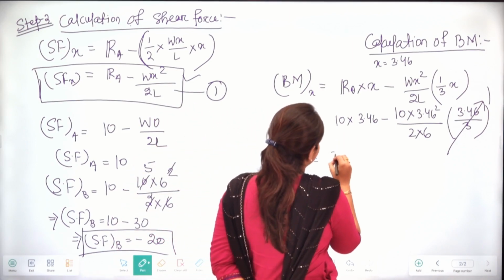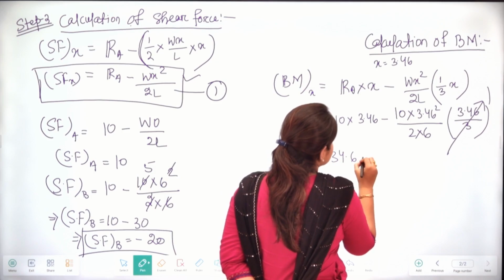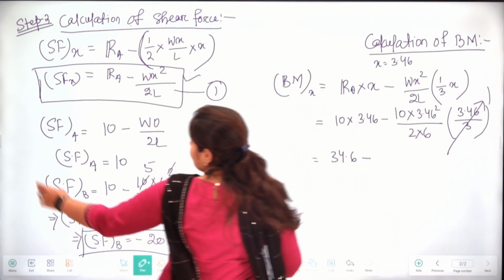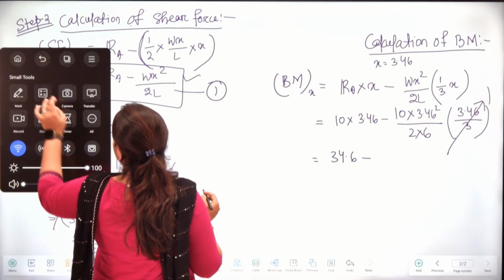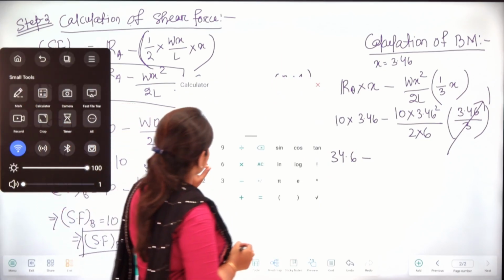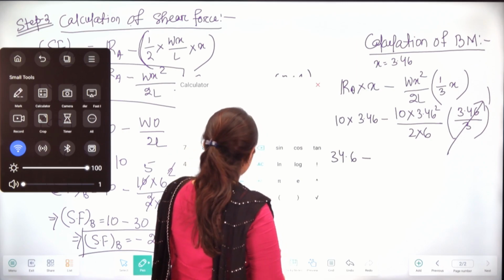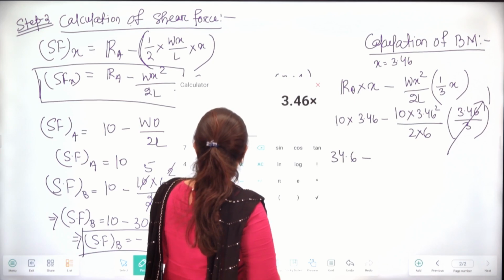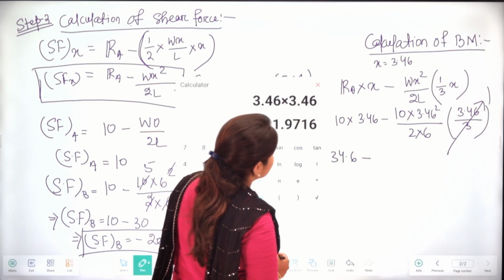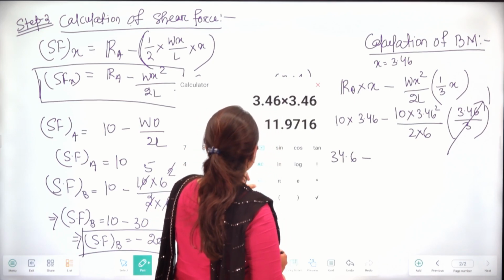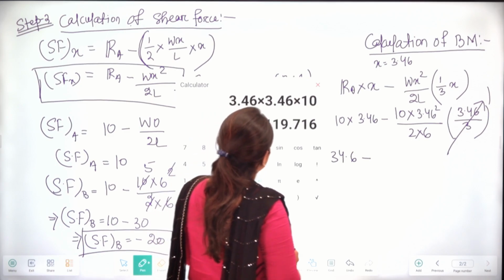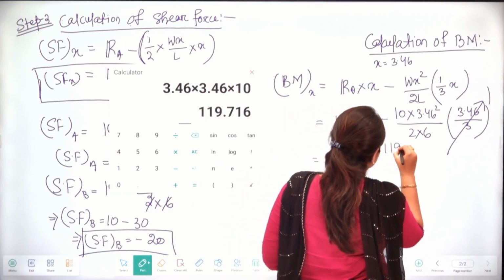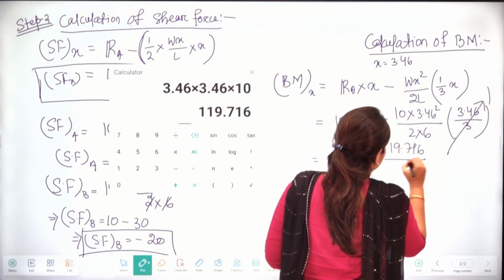So this will be 34.6 minus 3.46 multiplied by 3.46 into 10, which is 119.716, by 12.